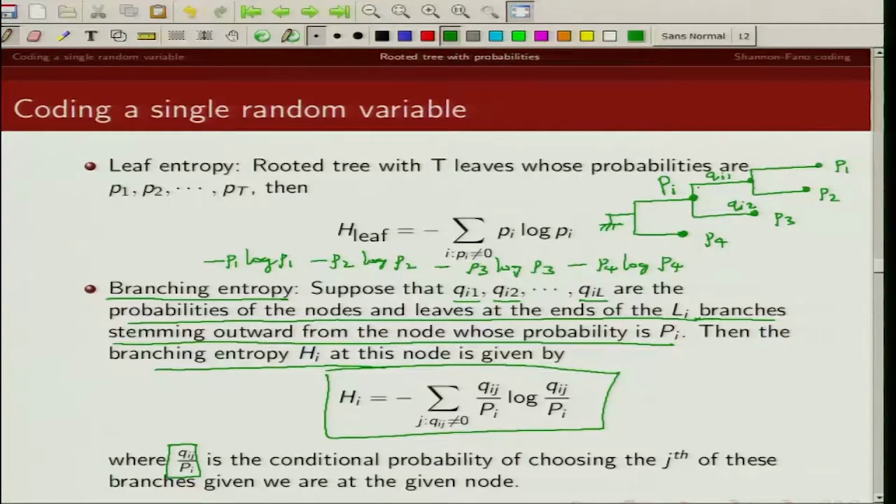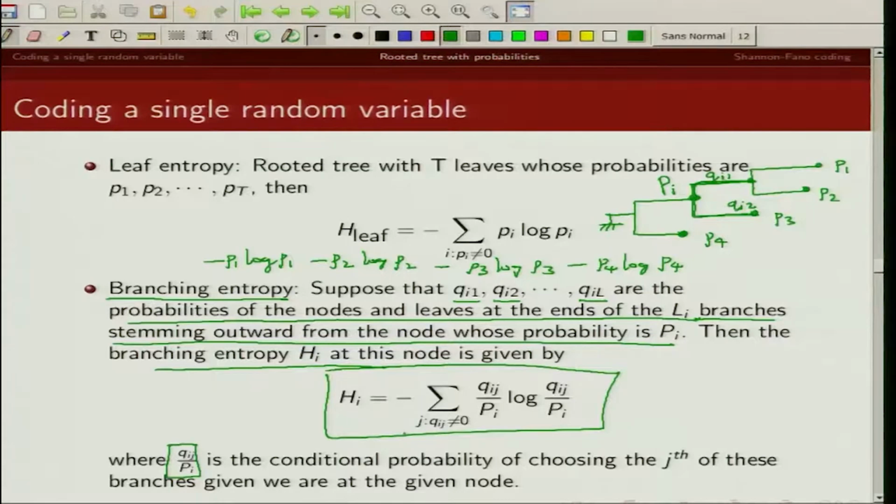Then Qi1 by Pi is the probability of choosing this branch given I am at this particular node, and Qi2 by Pi is the probability of choosing this branch given I am at this node whose probability is Pi. Then the branching entropy is minus Qi1 by Pi log of Qi1 by Pi minus Qi2 by Pi log of Qi2 by Pi. So that's my branching entropy.